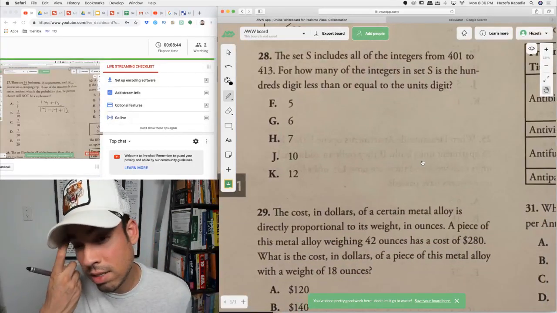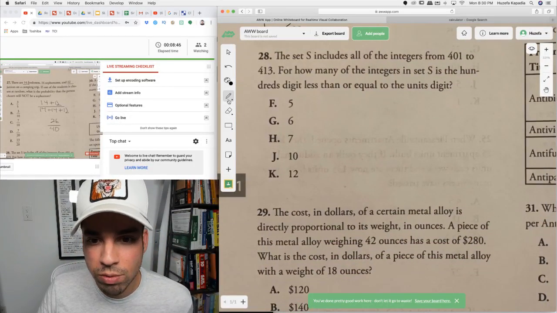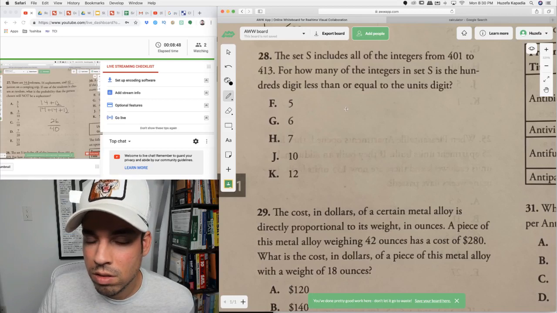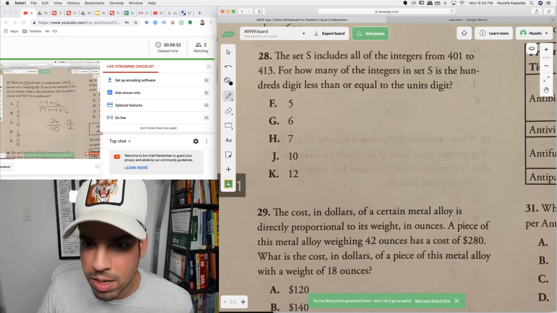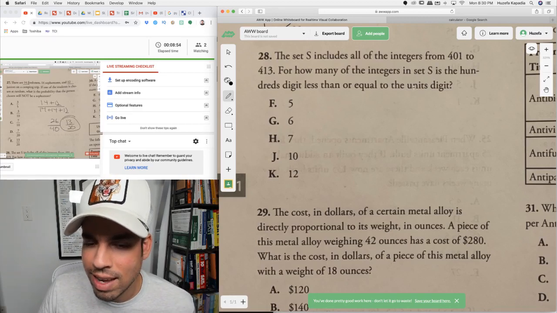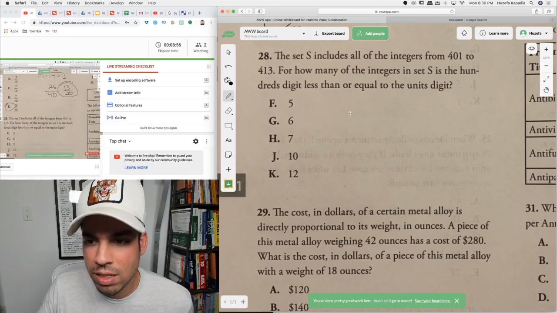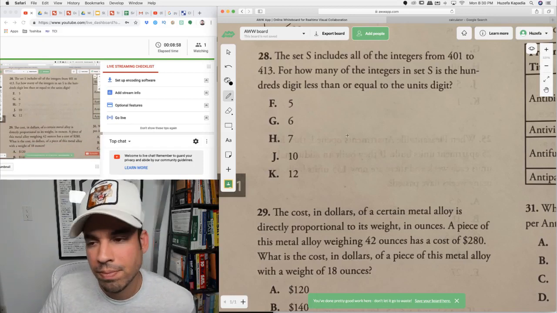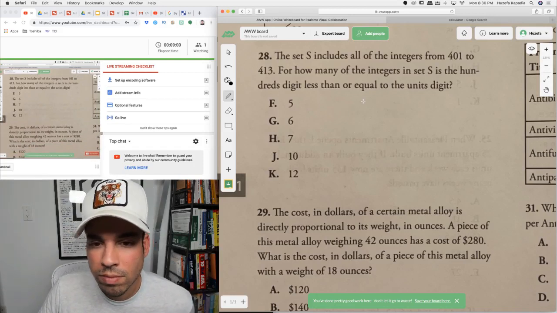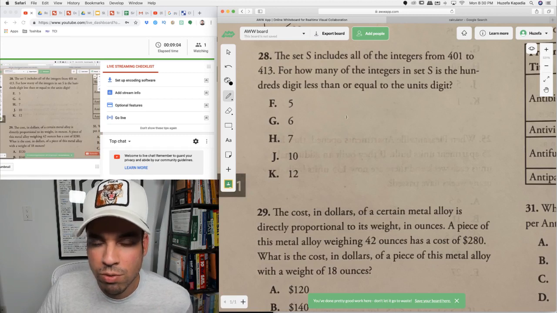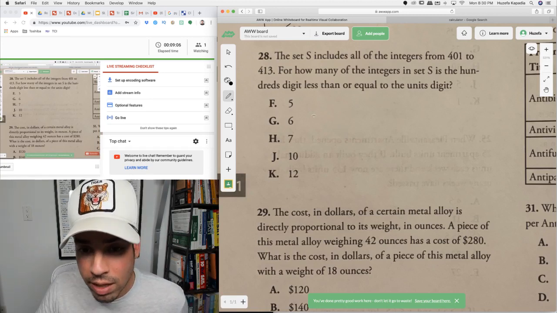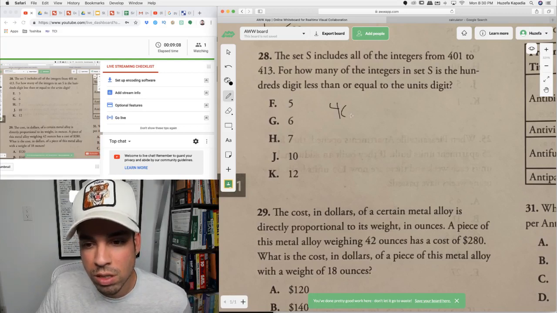28. The set S includes all the integers from 401 to 413. For how many of the integers in set S is the hundreds digit less than or equal to the units digit? From 401 to 413, I believe that language means we include 401 and 413.